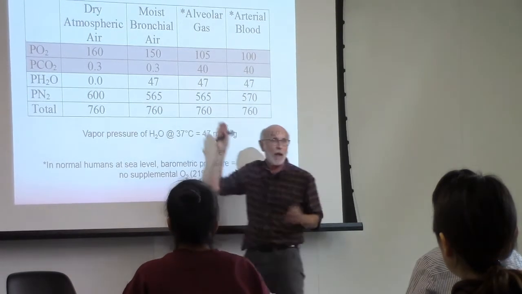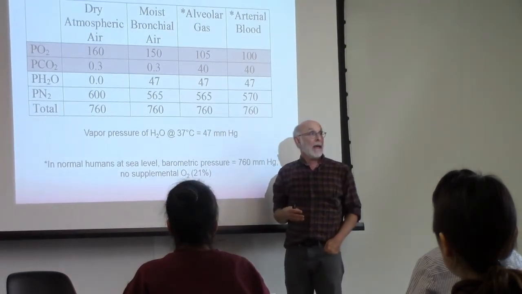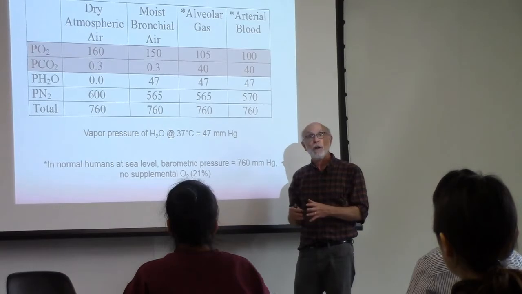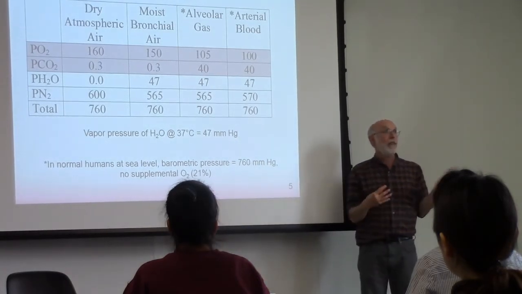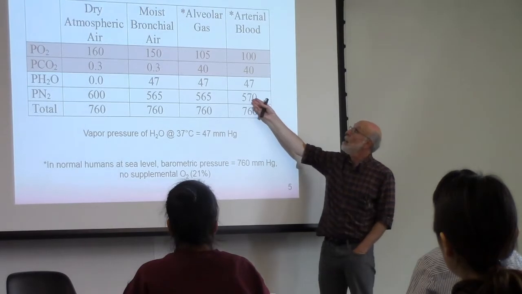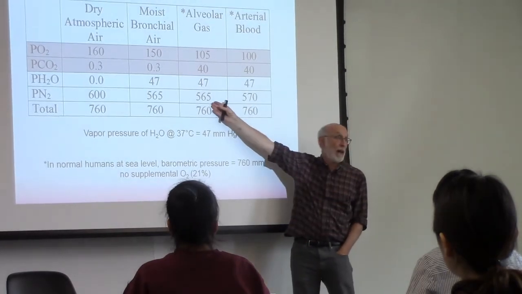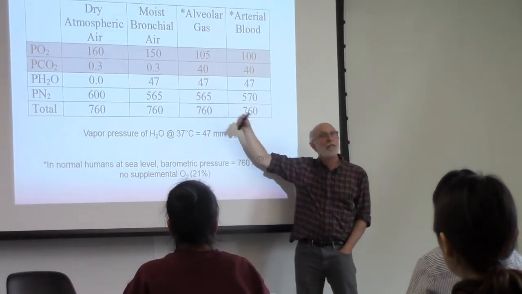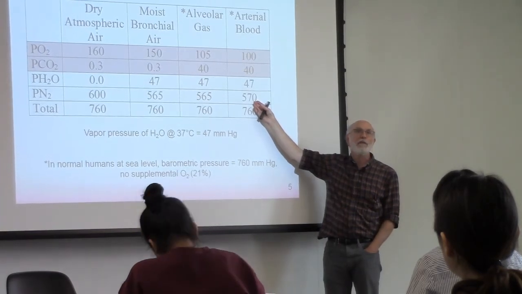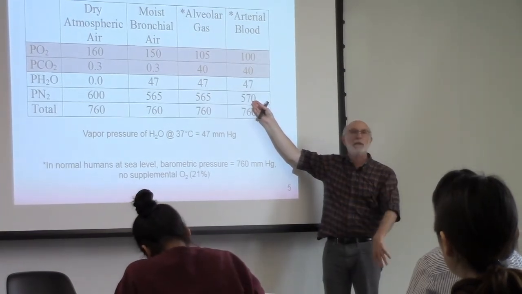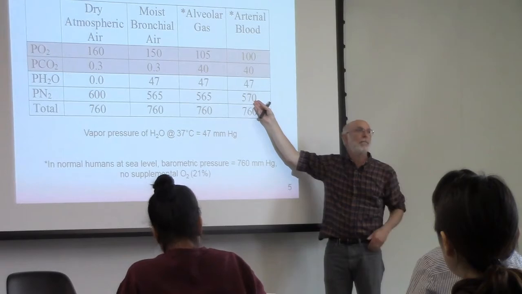We've been using that all along. That shouldn't be mysterious. In this case, this is blood that has equilibrated with alveolar gas, but it has partial pressure of nitrogen. And this partial pressure of nitrogen is what gives you the bends if you go deep into the ocean and then decompress too fast.